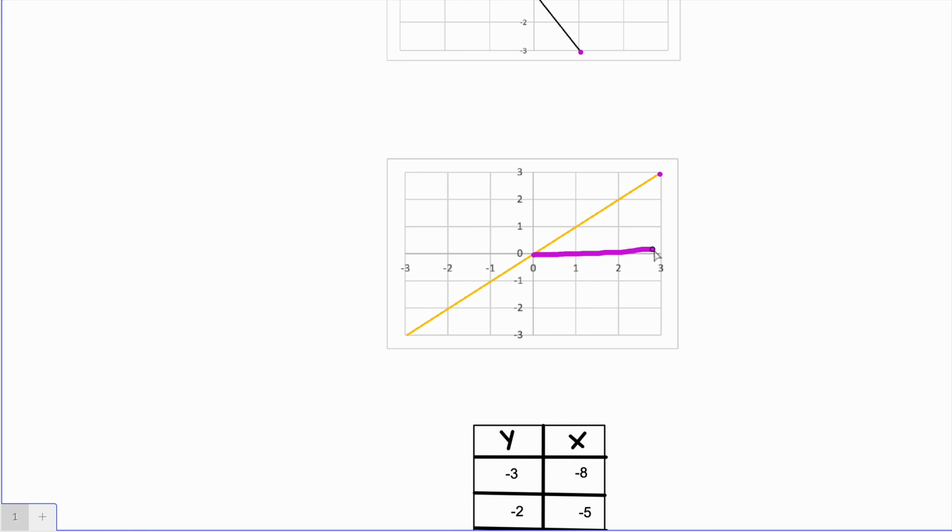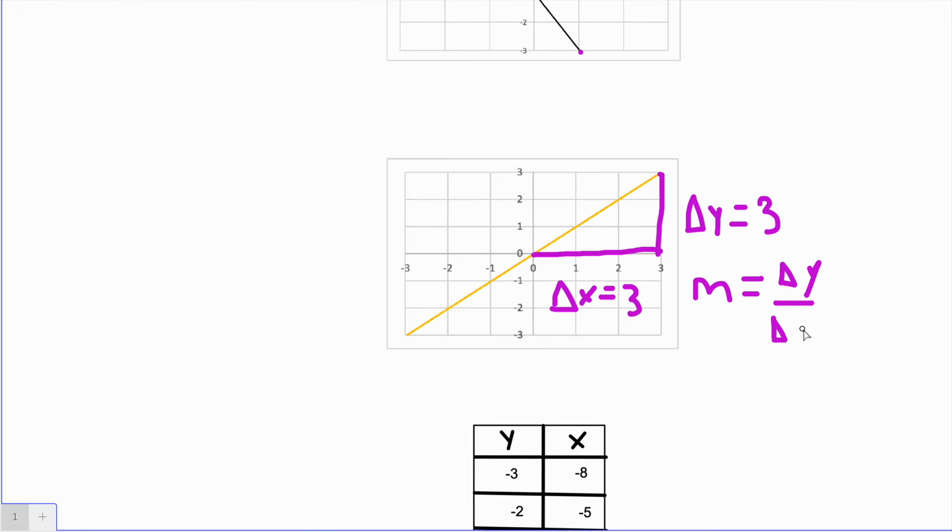So we can see that x has gone up by 3 over this interval, and y has gone up by 3. Since m is delta y over delta x, that's 3 over 3, which is just 1.